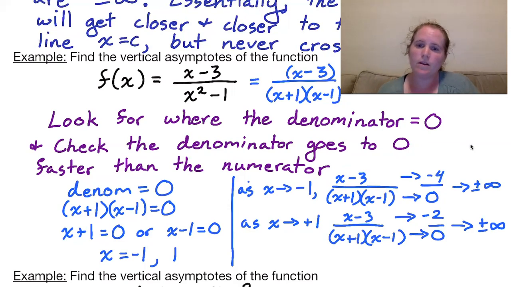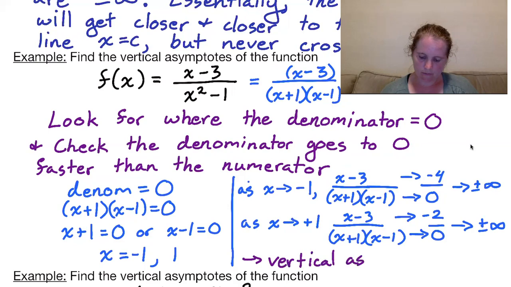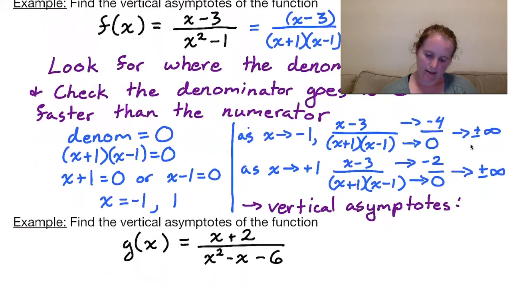So both of these will be vertical asymptotes. So our vertical asymptotes will be at the lines x equals 1 and x equals negative 1.